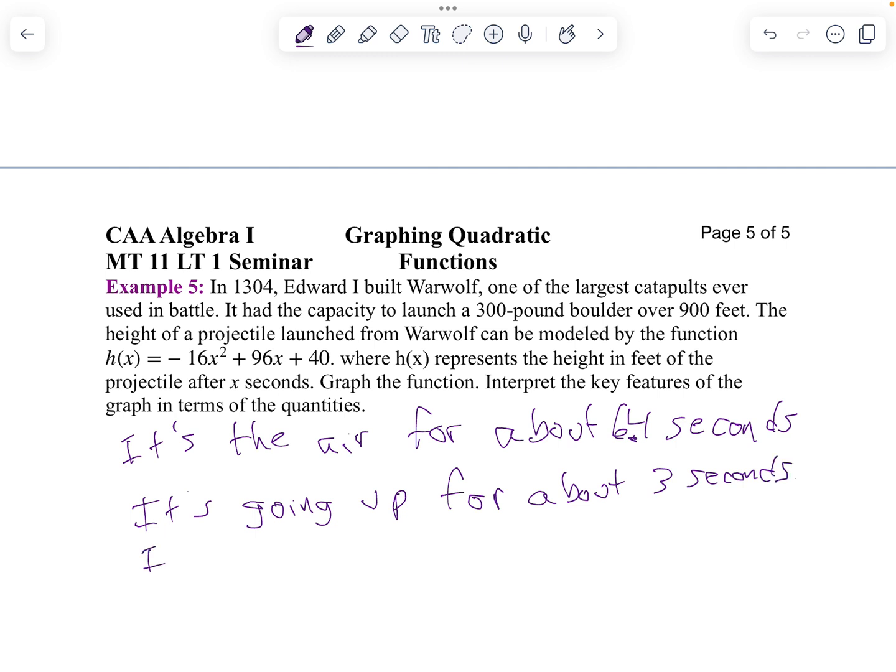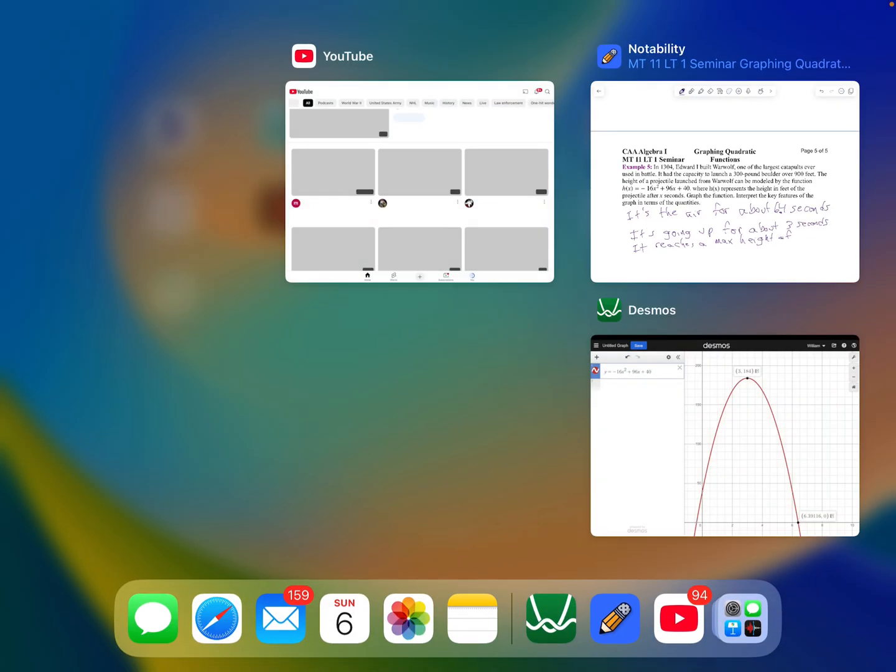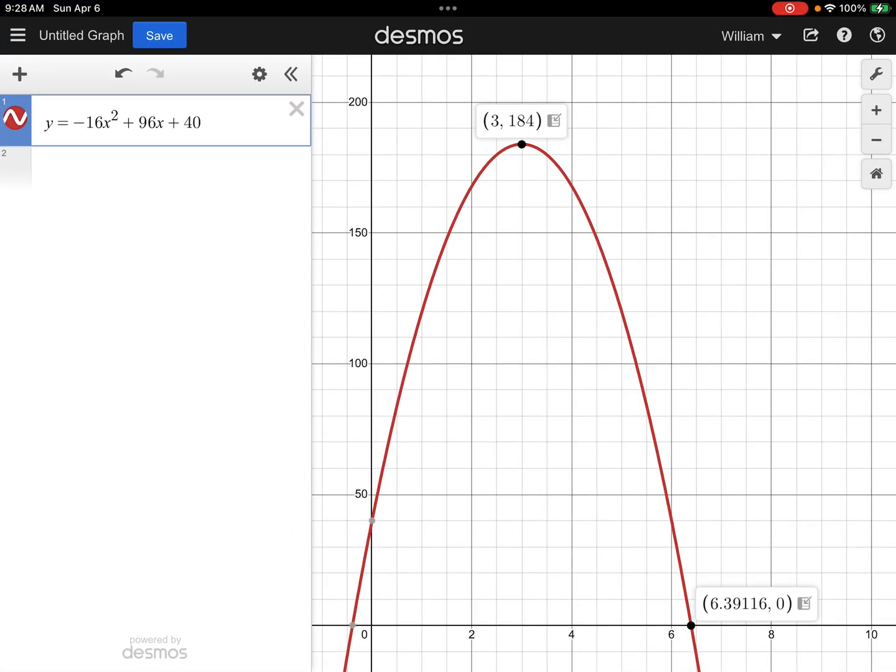It reaches a maximum height of about 184, we said. 184 feet.